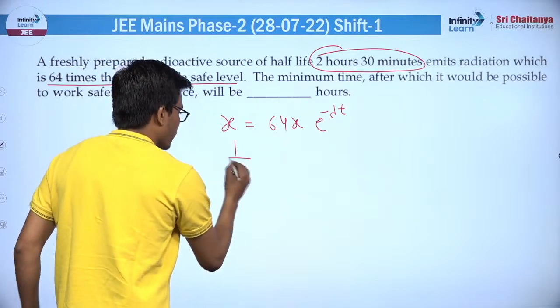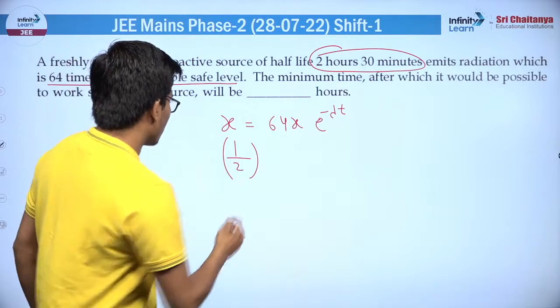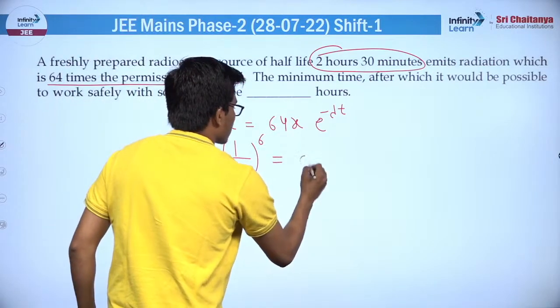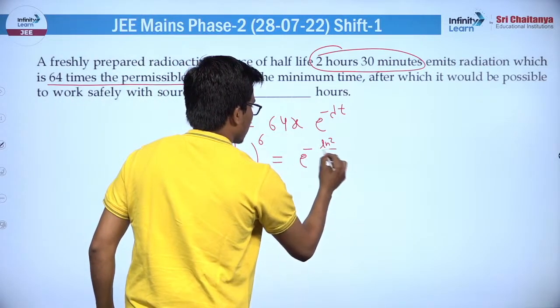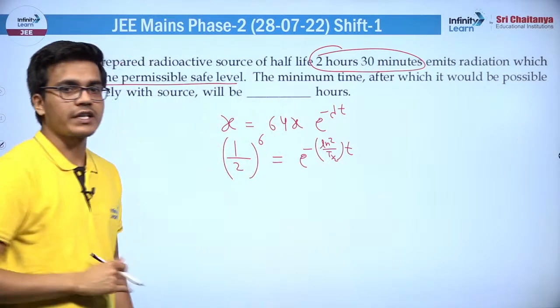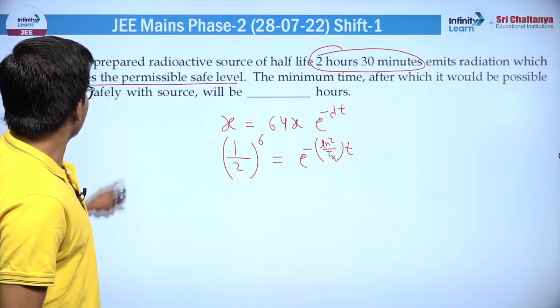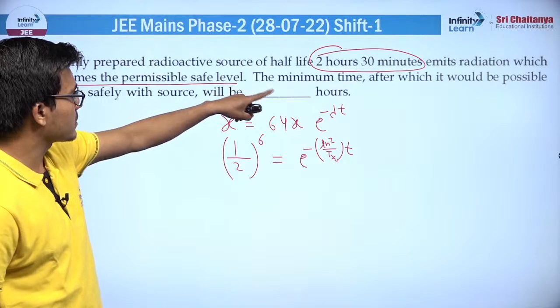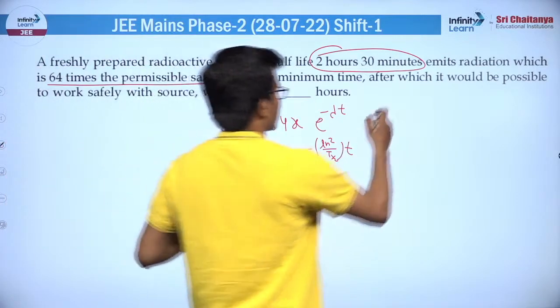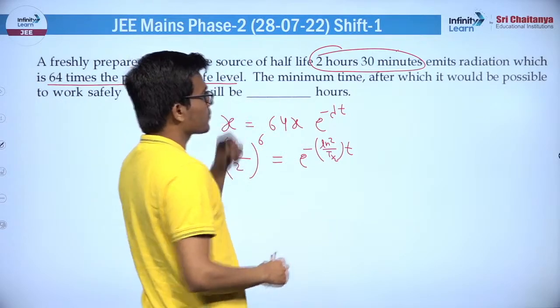And 1 by 64 you can write as 2 to the power 6. So basically 6 half-lives have already elapsed. This freshly prepared radioactive source has a half-life of 2 hours 30 minutes, so just multiply this by 6.